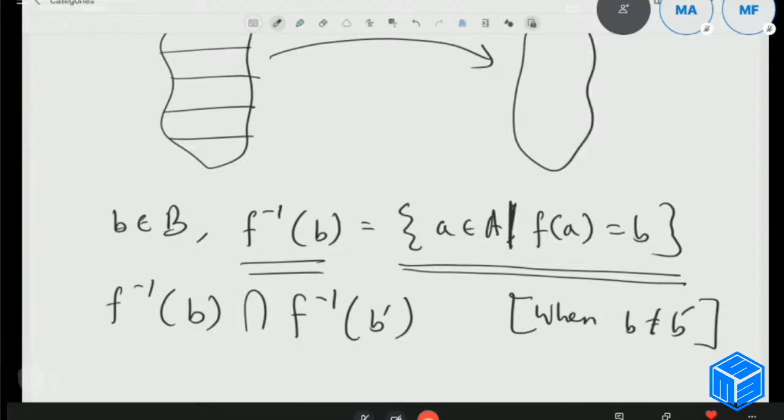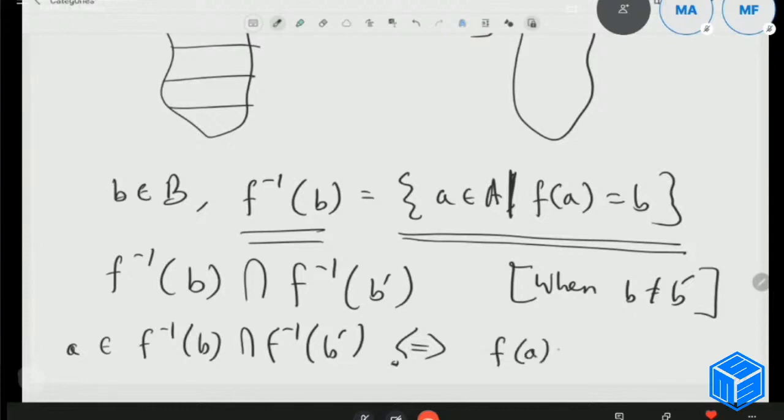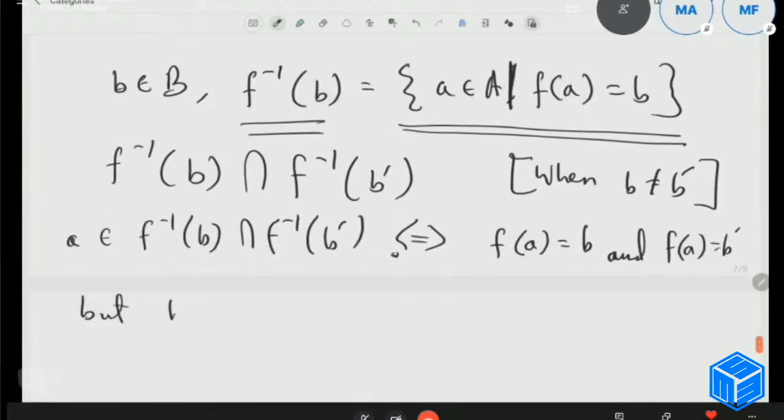Why? Because otherwise it contradicts the fact that B and B prime are not equal. Right. And F is a function. So if we have A in F inverse of B intersect F inverse of B prime, what are we really saying? This is equivalent to saying F of A equals B and F of A equals B prime, but B and B prime are not the same.